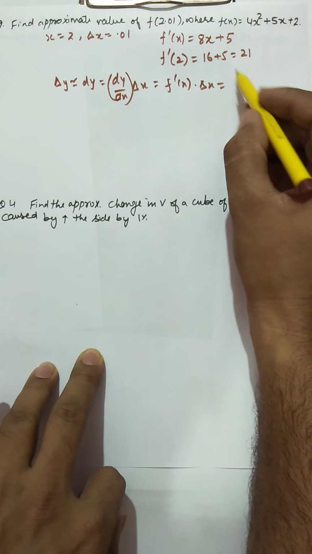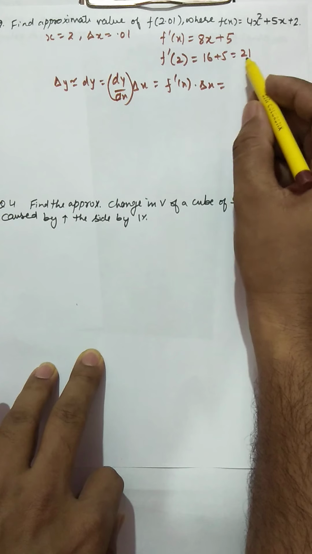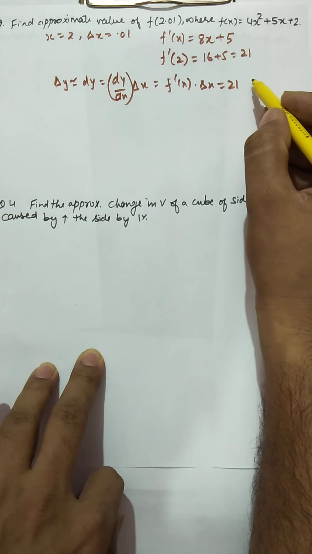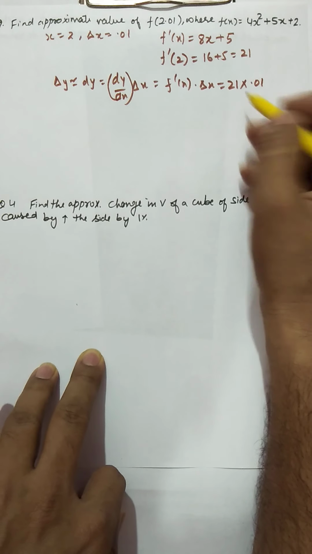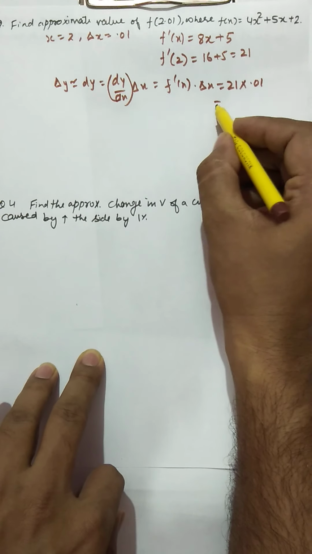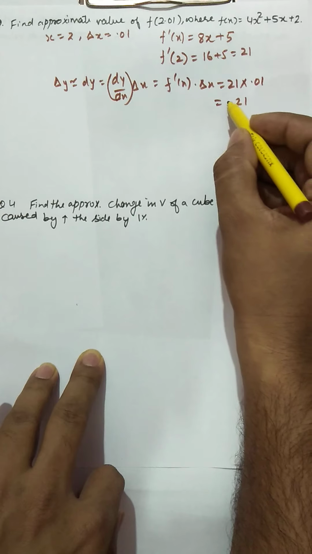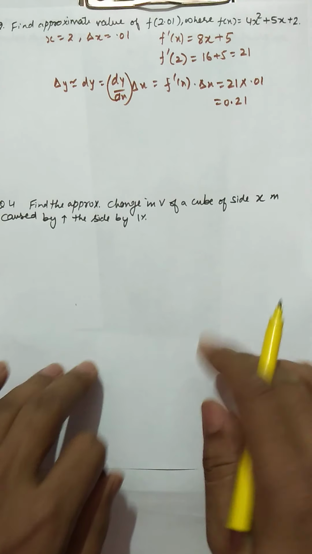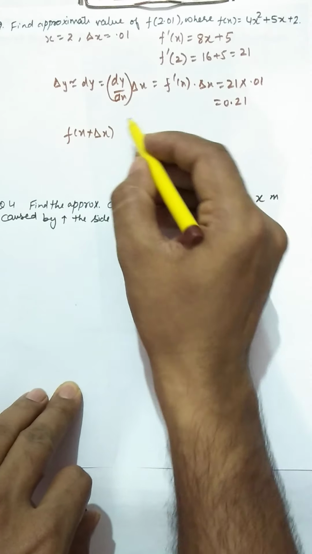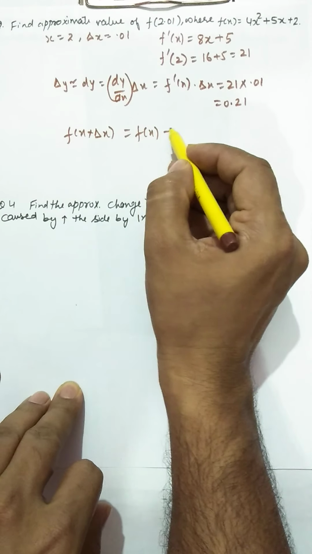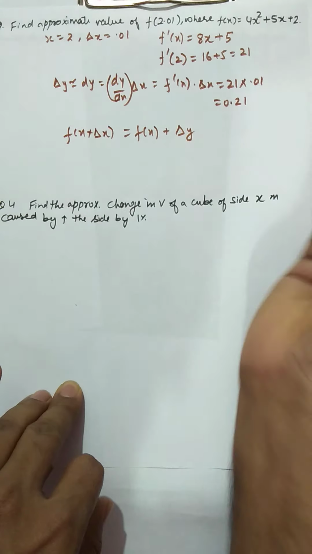So we have this value of f'(2), this is 21, and delta x is 0.01, so it's going to be 0.21.